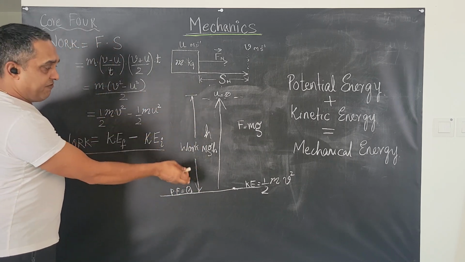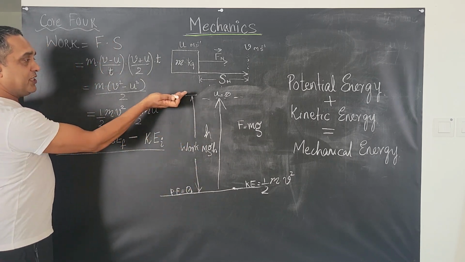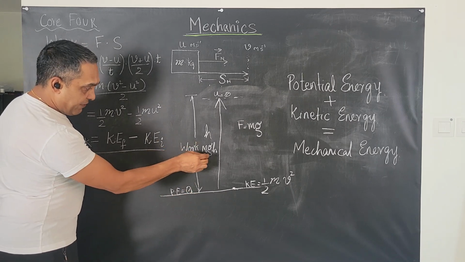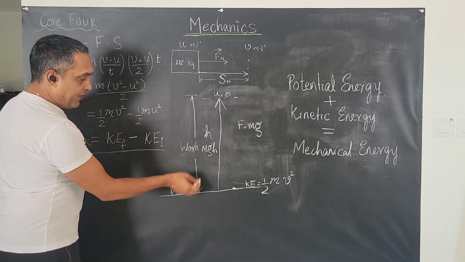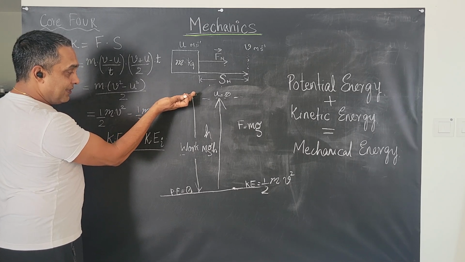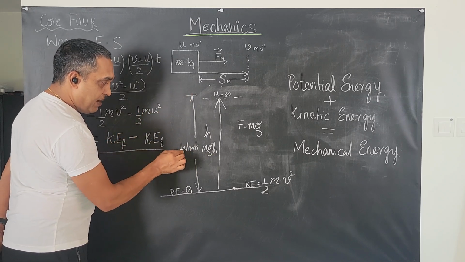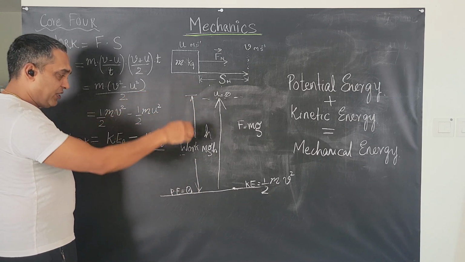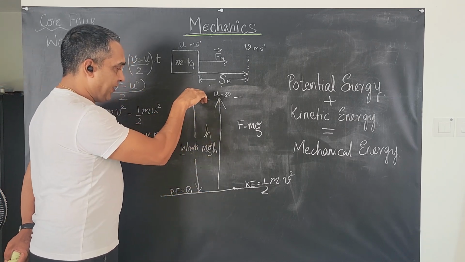Here we only considered vertical movement. The potential energy was raised to a certain point, which was effectively the transfer of energy, potential energy going from zero to some value by the action of a force that my hand did, mg times h. That was the work done in transferring this energy.